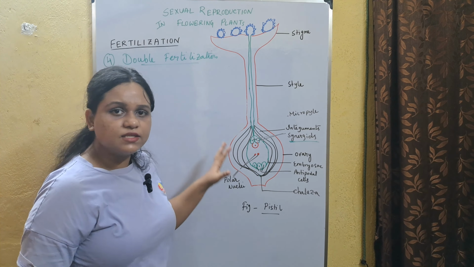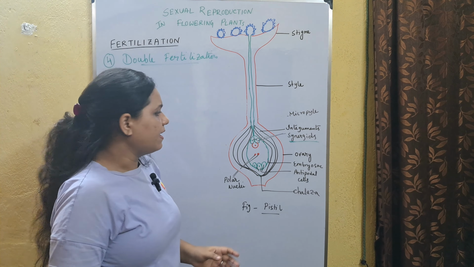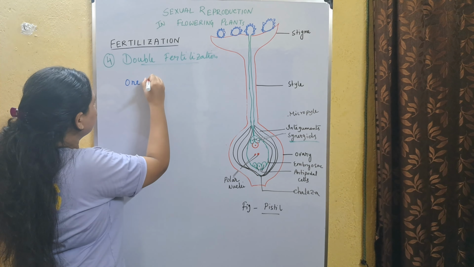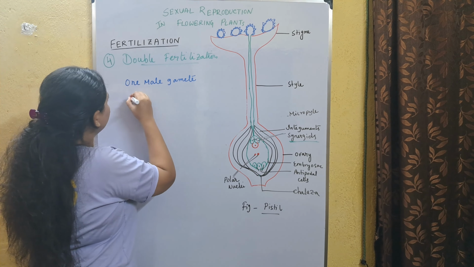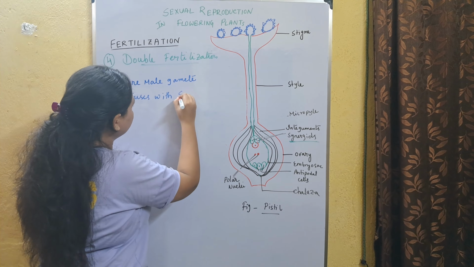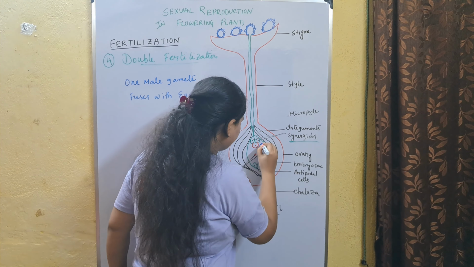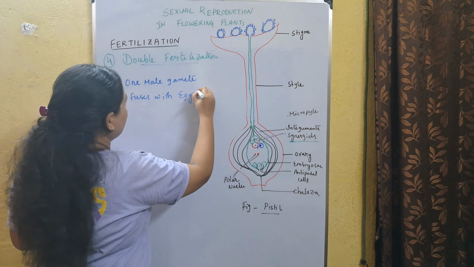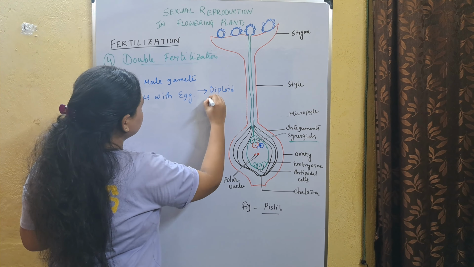When this fertilization process occurs, when the pollen tube enters the embryo sac, one male gamete fuses with this egg. For example, this is the male gamete, it fuses with the egg and forms a diploid zygote.